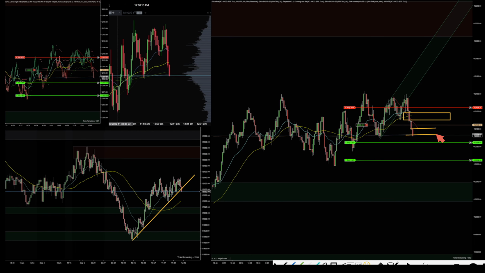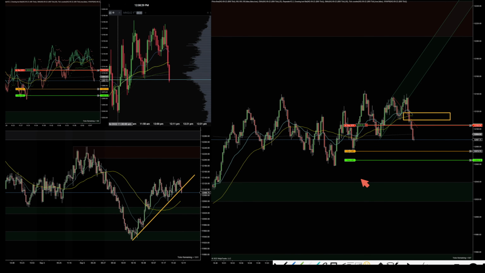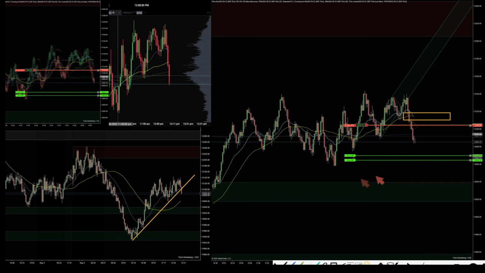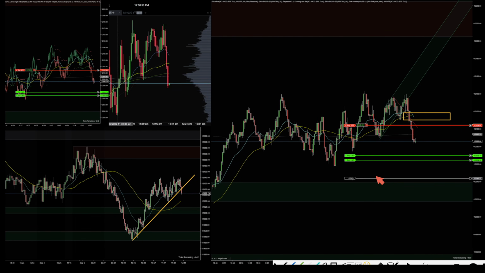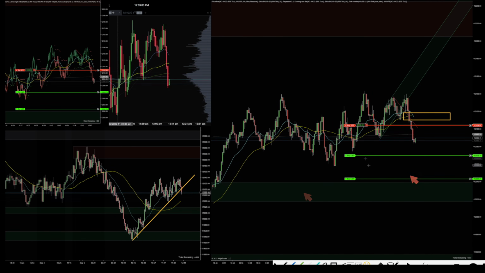This is the VWAP line here. Okay, on the 4,000 chart, we are under that moving average and under that trend line here. They are retesting that VWAP area here again.